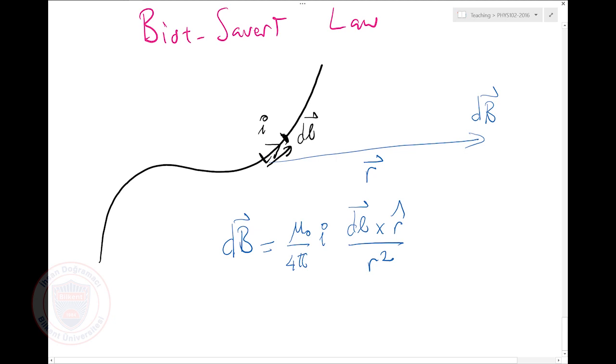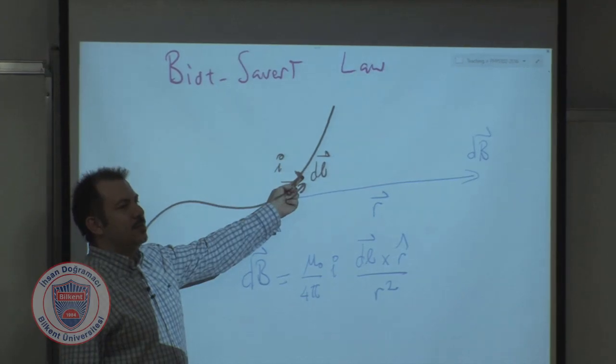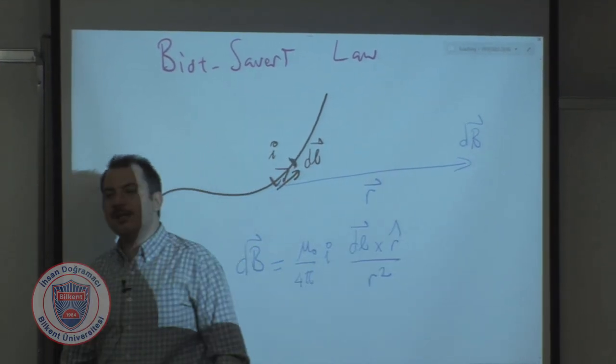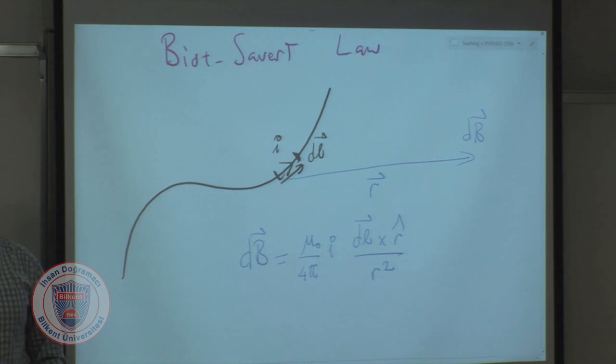Yeah, it's not as clean as Coulomb's law, right? First of all, a cross product is involved. So let's figure out what this is saying. dl cross r hat, what does that tell me? It tells me that this small section is creating a magnetic field at that point, but which way is that magnetic field pointing?